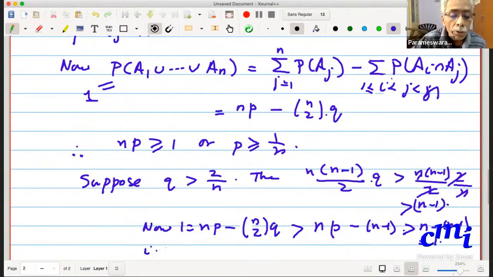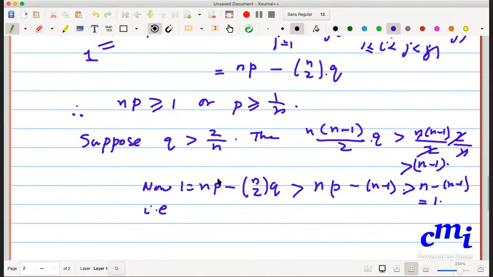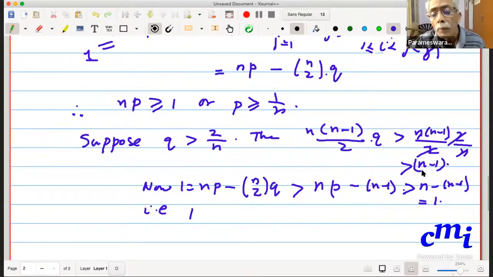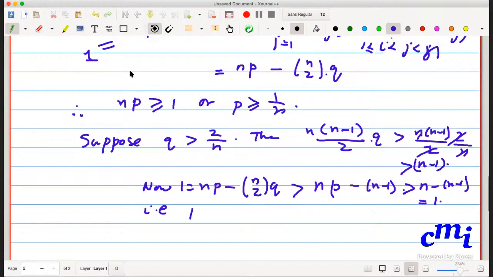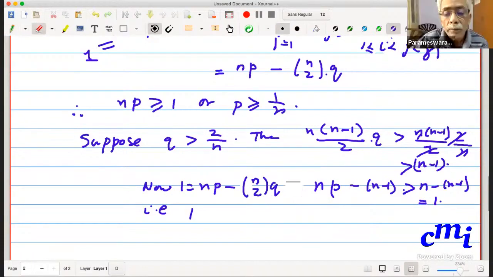So NP minus n choose 2 Q is less than n minus (n minus 1), which is 1.